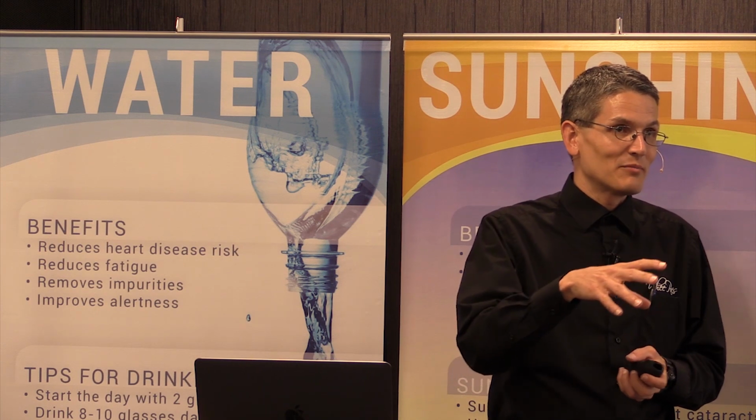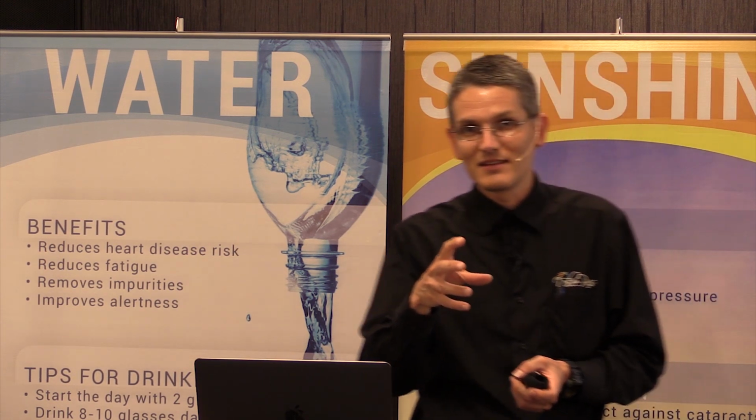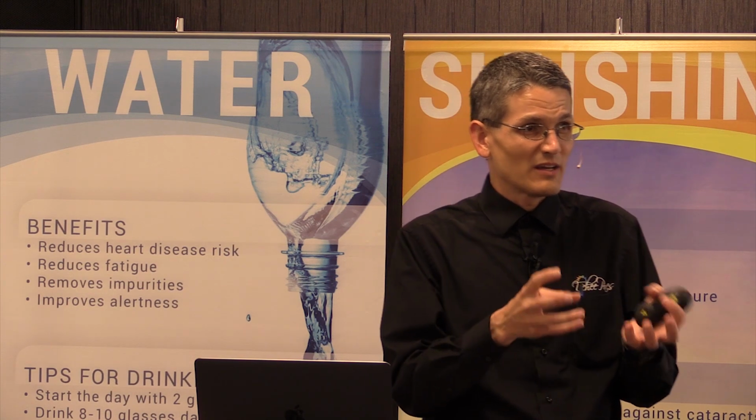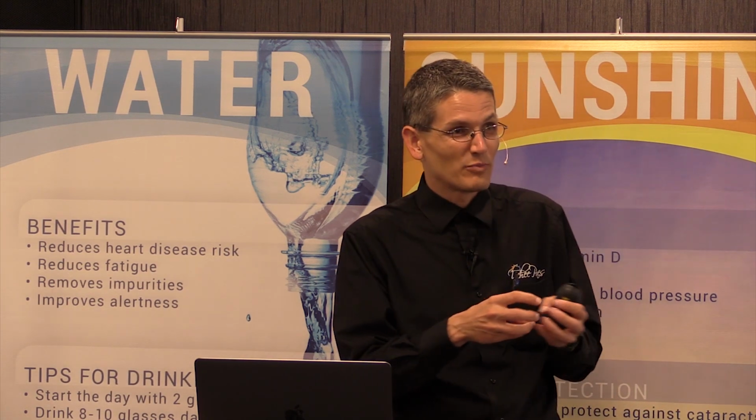So type 1 diabetes, again, is the situation where you have an autoimmune attack on the beta islet cells in the pancreas, and those beta islet cells are killed, and you're no longer able to produce insulin.